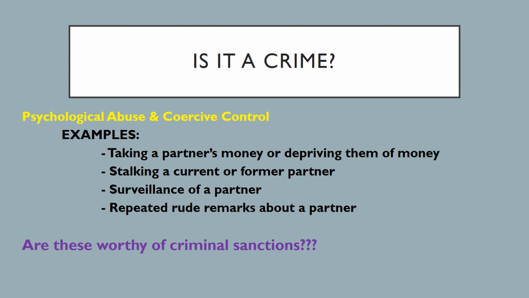if you were in a relationship for a long time and you had similar friend groups, you went to similar restaurants, you hung out at similar movie theaters or other coffee shops, and you just happen to continue to run into each other at those places after you've broken up, is that necessarily stalking? See, that's where the gray area comes into play. Surveillance of a partner.